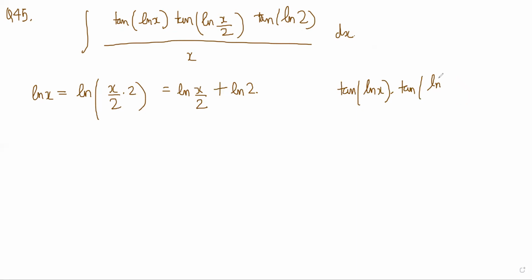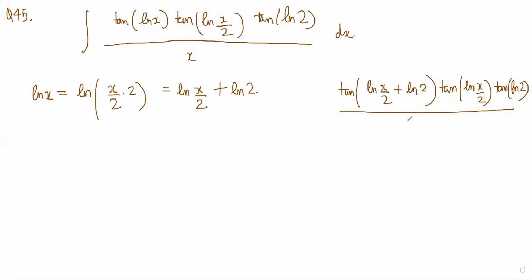So I should just basically write this ln x as ln x by 2 plus ln 2, multiplied with tan ln x by 2 and multiplied with tan ln 2, divided by x.